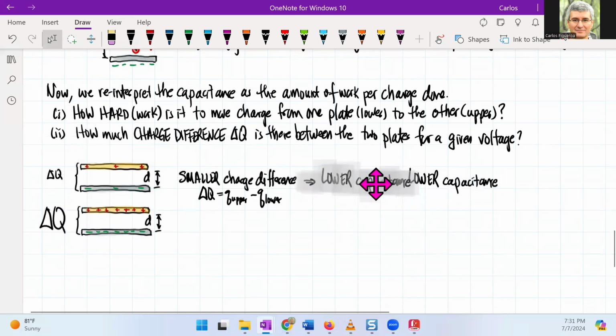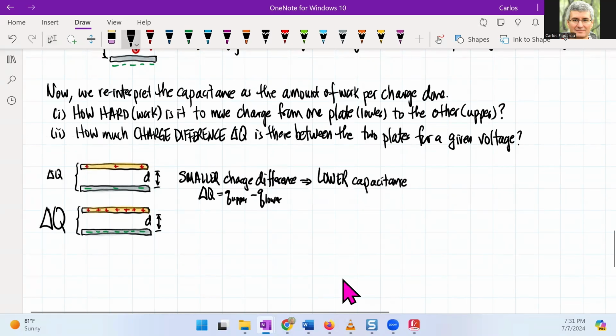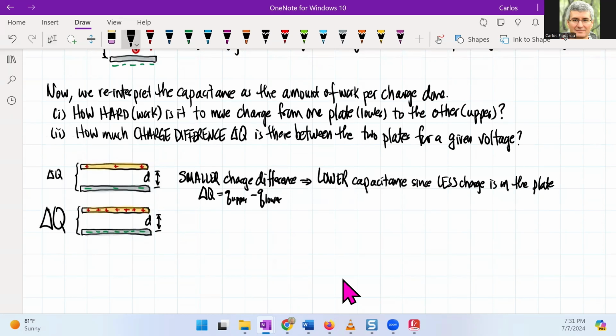I'm going to have a lower capacitance, since less charge is on the plates when work is done on a test charge.